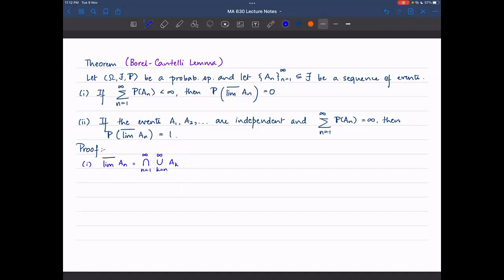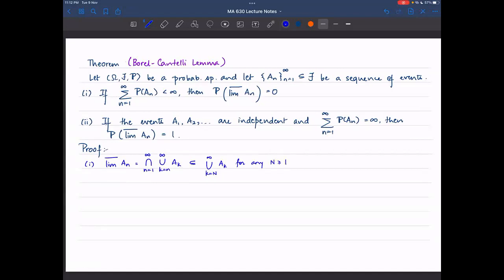So this is going to be a subset of the union over k going from capital N to infinity of A_k for any natural number N. What I'm saying is that the intersection of these unions is a subset of each of these sets. In particular, the intersection of these sets is a subset of the union over k going from N to infinity of A_k for any N greater than or equal to 1.